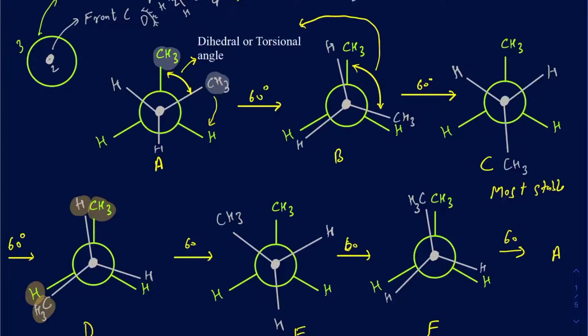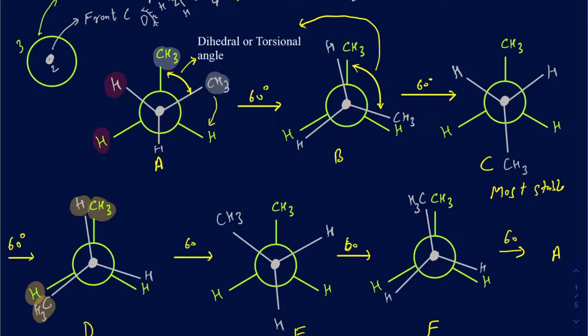Whenever you have two groups close to one another, you will be running into an issue of so-called torsional strain. If I want to focus on A versus B, in A, the CH3 groups are further away from one another, and also the other groups, for example, this hydrogen here and this hydrogen here, are also separated by 60 degrees. But when I'm looking at B, what's happening?